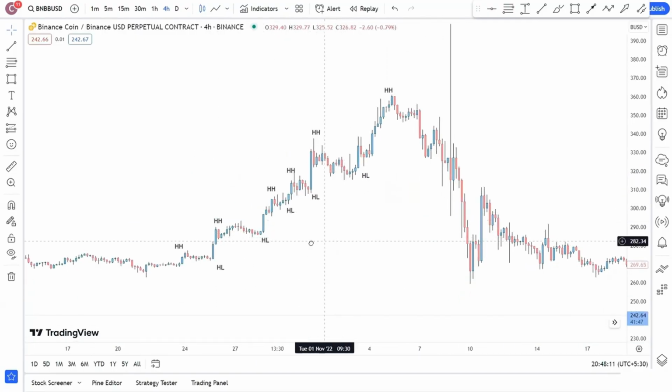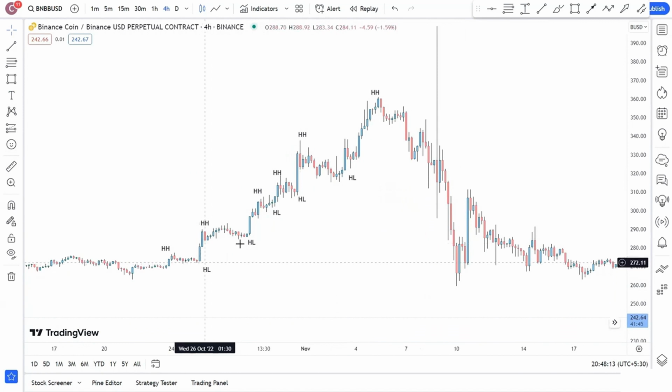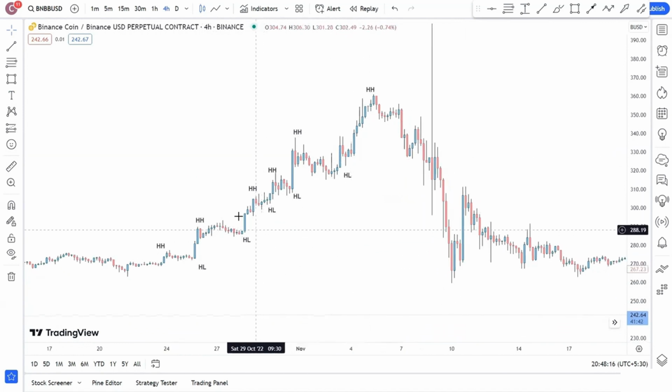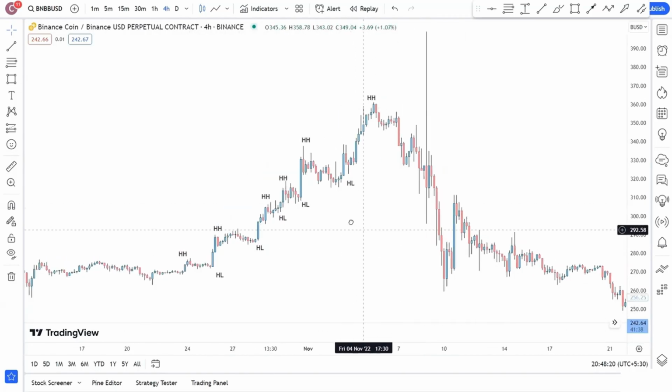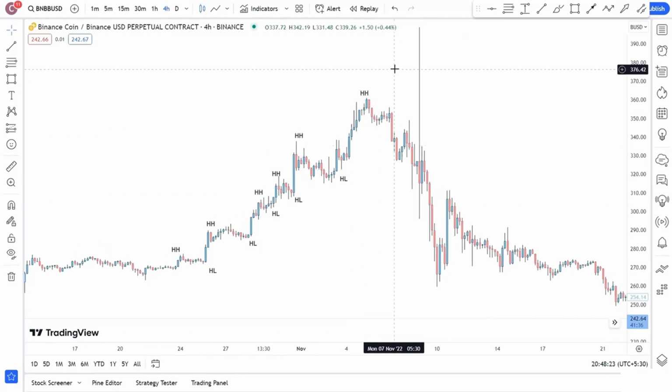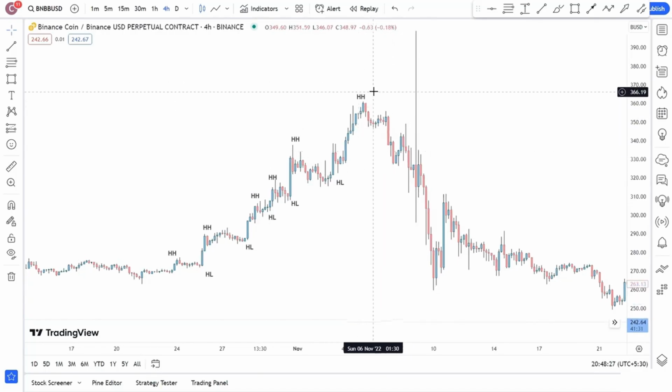Now, when we were going in an uptrend, we made sure we were creating higher highs and higher lows, right? But now we were expecting the market to make a higher high and higher low for continuation towards the upside.